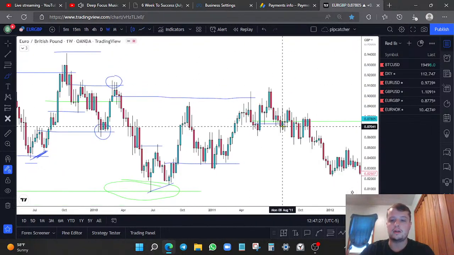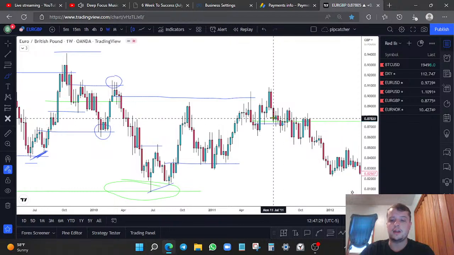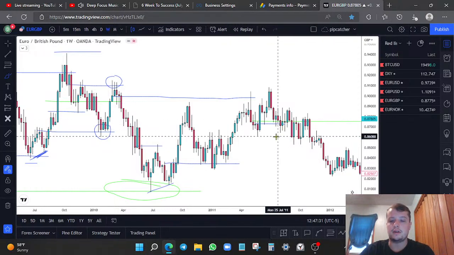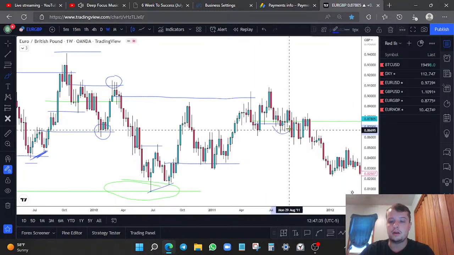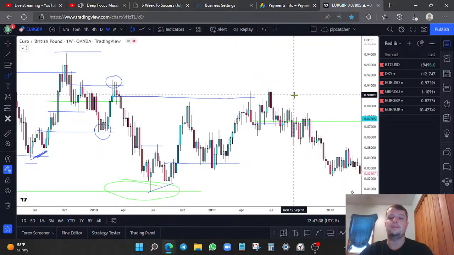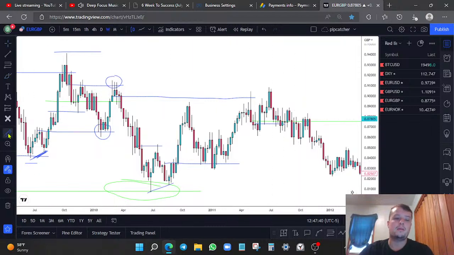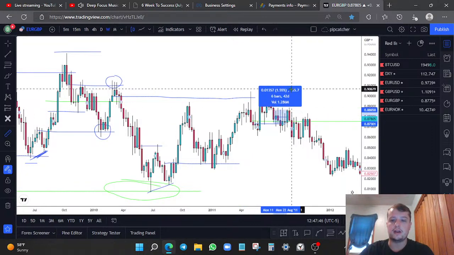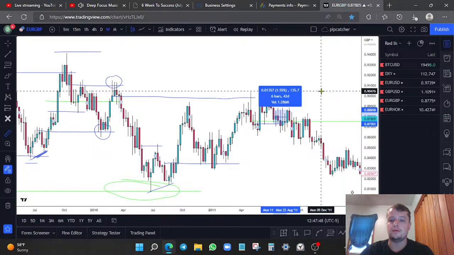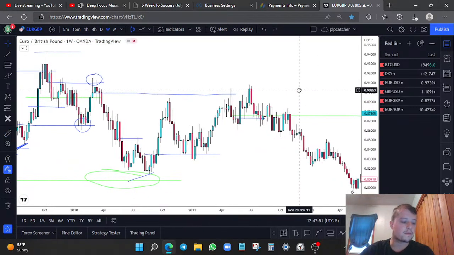So go back to the line chart, or the candles, and yes, it is messy. Not every trade is going to be the cleanest. This has probably a wider bit of drawdown, but just for the sake of back testing, this also would have given you a 135 pip move as well.